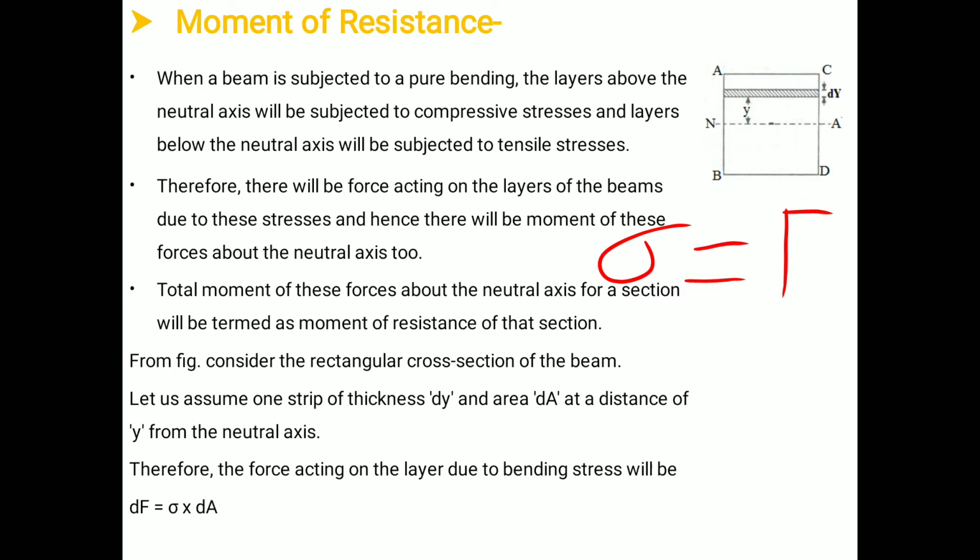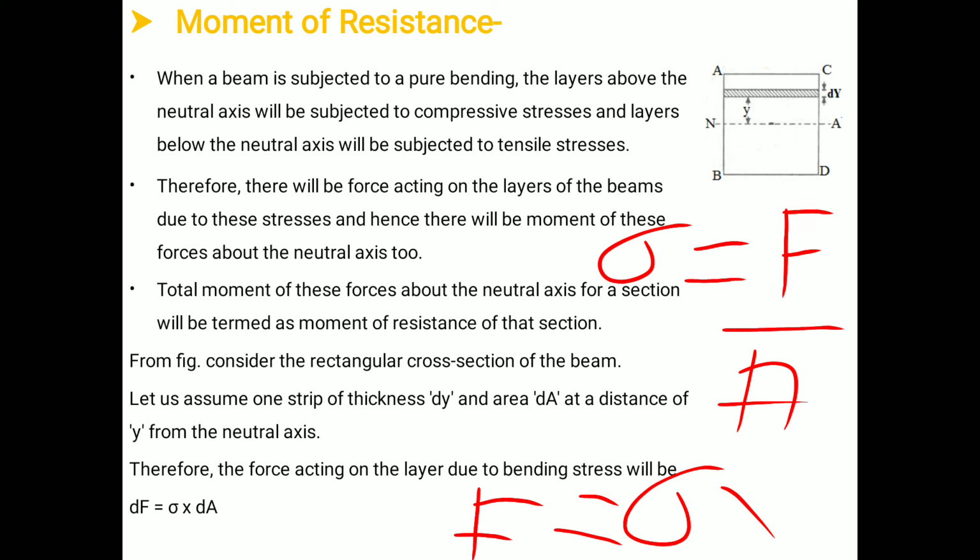Sigma is equal to force by A, therefore force is equal to sigma into A. But as we have concentrated on a small strip, we have to consider dF equal to sigma into dA, because it is a small force and a small area for that particular strip only.